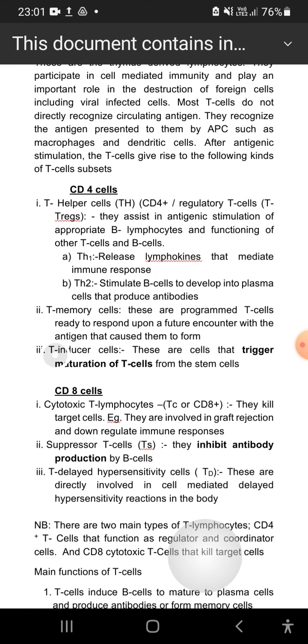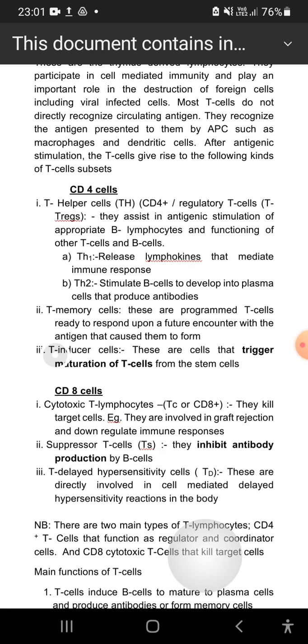So as we have said, and we will continue repeating, T cells are mainly of two types. We have CD4, which regulate the immune system and coordinate it, and CD8, which mainly do cytotoxic killing.